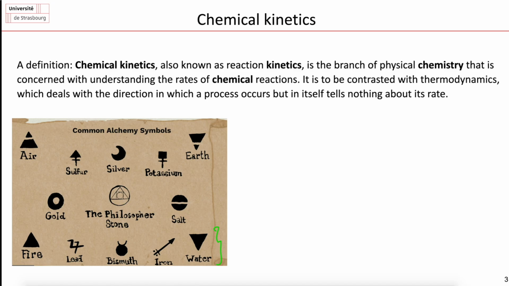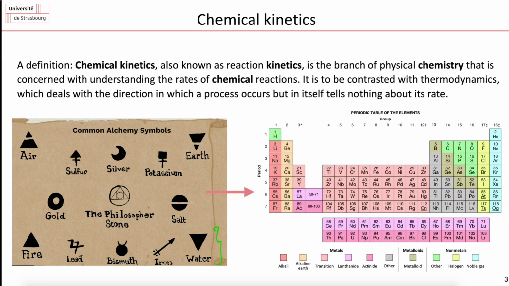So they had an idea of different elements that would exist, but they didn't know exactly the chemical composition. And so the development of kinetics is basically a story of how we go from alchemy to modern chemistry. This is a little bit similar to how physics went from natural philosophy to modern science, to Galilean science.